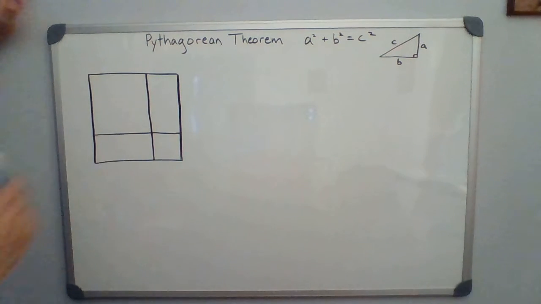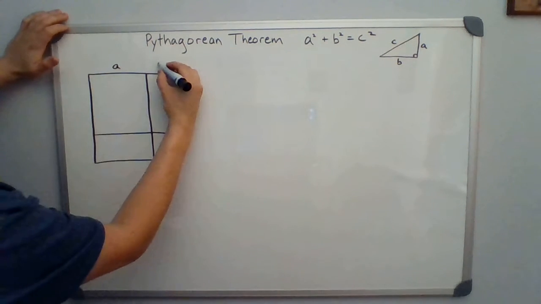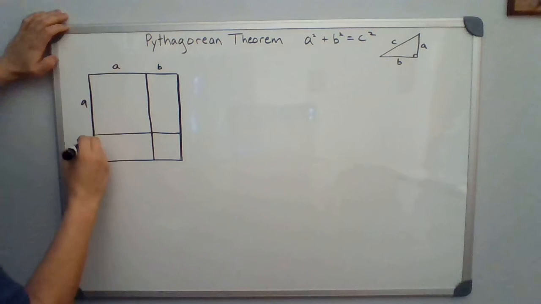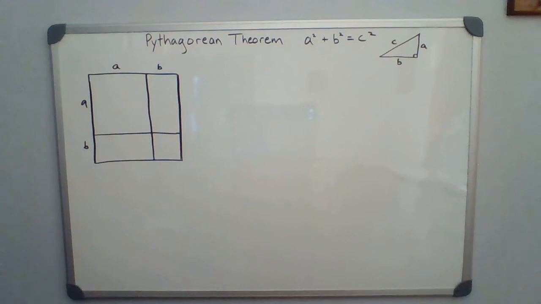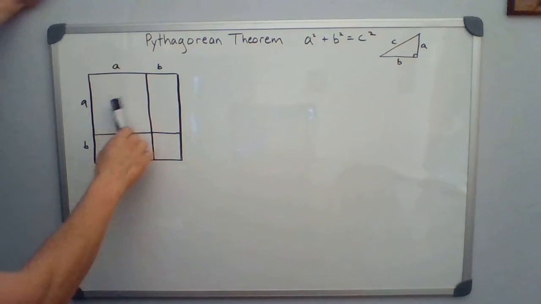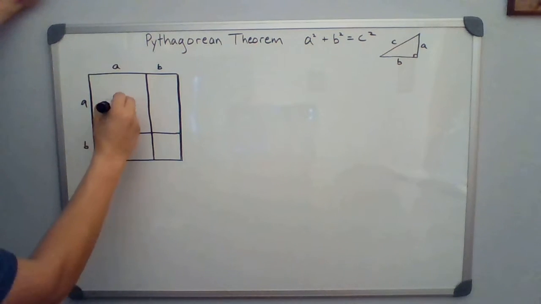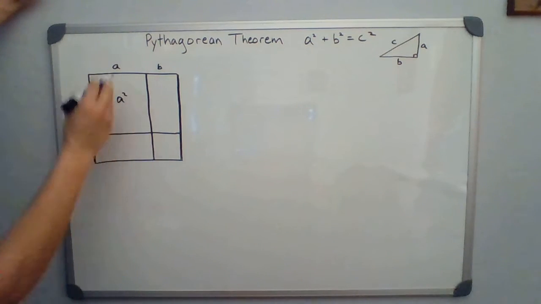But the first thing to see is this is going to be a square, and I'm going to let the sides on this square be a plus b and a plus b. So I can find the area of the entire square by summing up the area of the parts. In other words, this square, and those two rectangles. Each of those areas is going to be a squared.